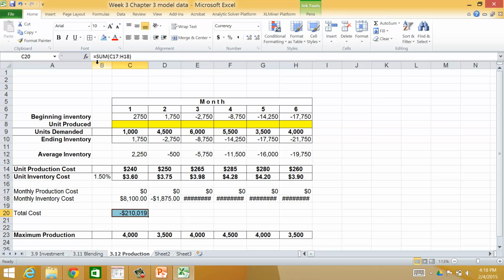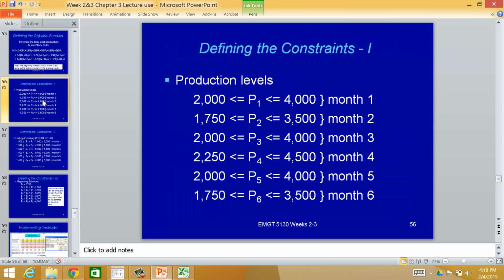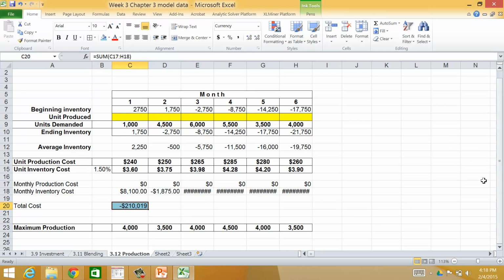Now we'll take care of those constraints. Go back. First constraint, production level. So we have the capacity and half of the capacity. So let's just put it. So here, we got that here. So maximum production. That's one of the constraints, and we'll calculate the minimum production being half.